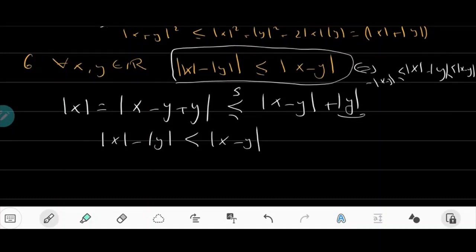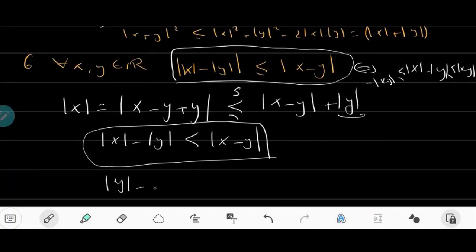And so what we did here is to prove the first side of the inequality. So now we can do the same, but replacing y by x, and we will obtain the absolute value of y minus the absolute value of x less or equal to the absolute value of x minus y, which is the second part of the inequality, because if we multiply by minus, we'll have the second part. So this way we can prove the property number 6.